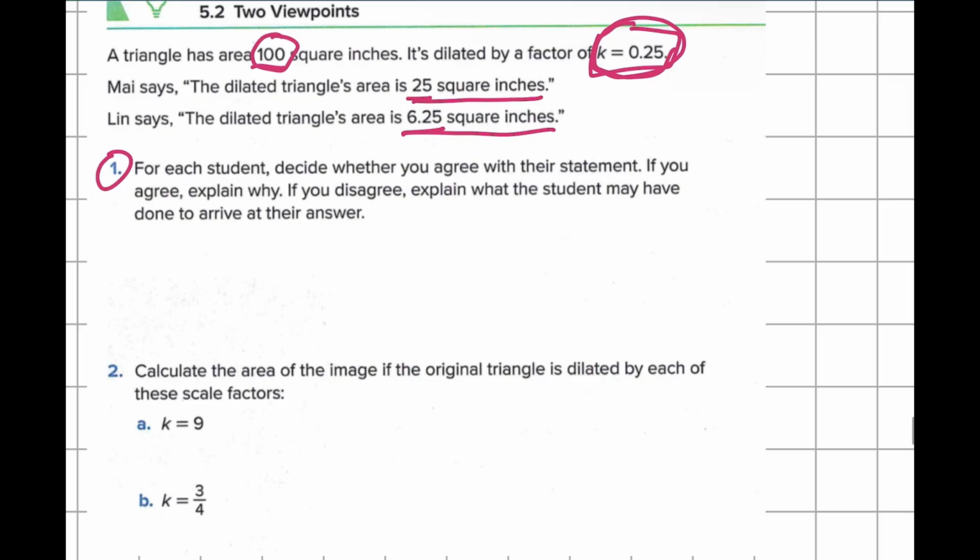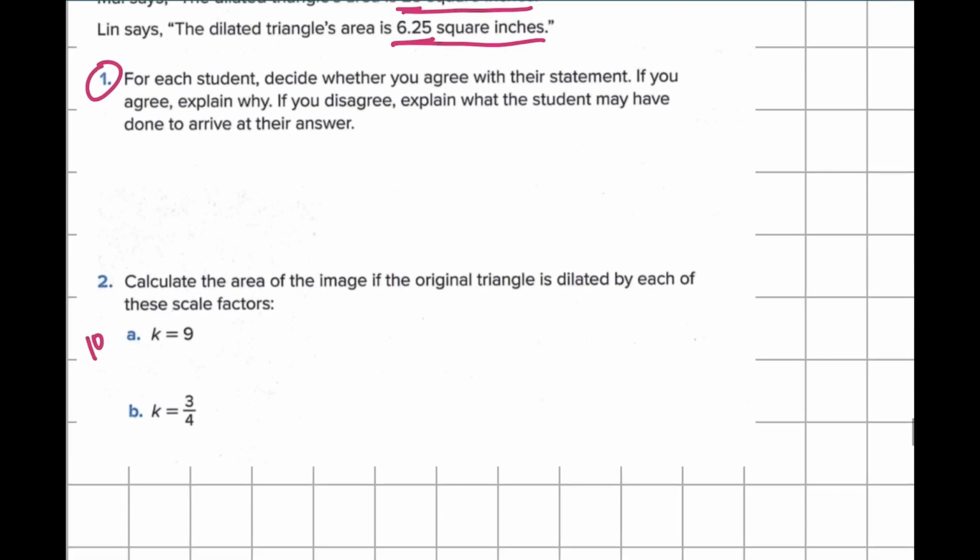All right, so now we're going to calculate the area of the image if the original triangle is dilated by each of these factors. So our original triangle is 100. Okay, so we're going to do 9 squared, which is 81, times 100.